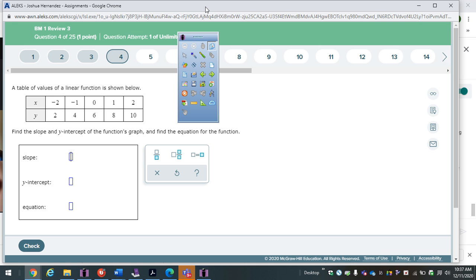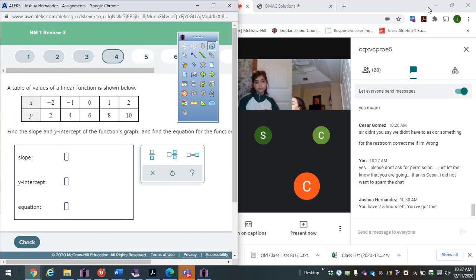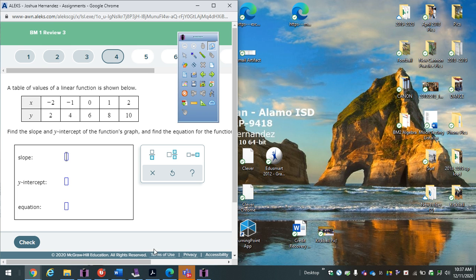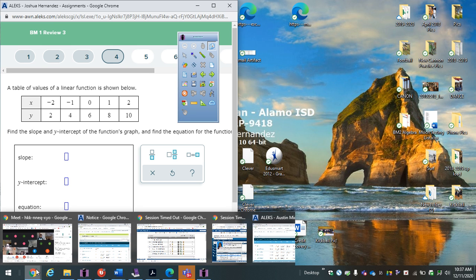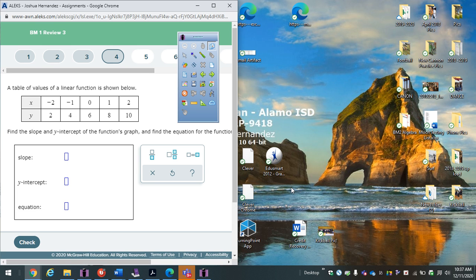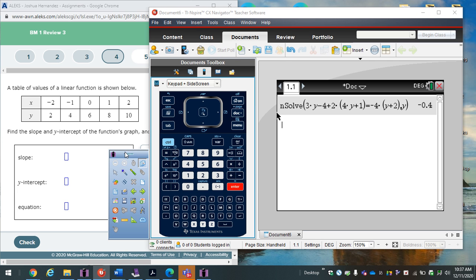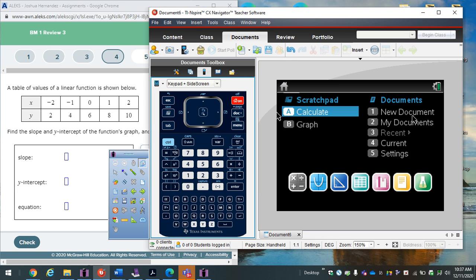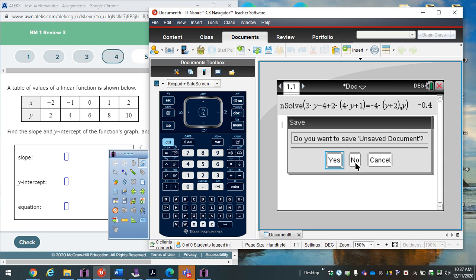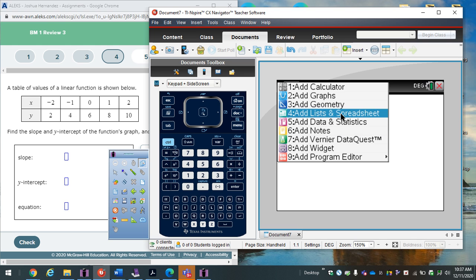So what I'm going to do here, I'm going to put this on the left. Calculator, and this one's to the right. I'm going to turn it on. Document. No. I'm going to lists and spreadsheets.